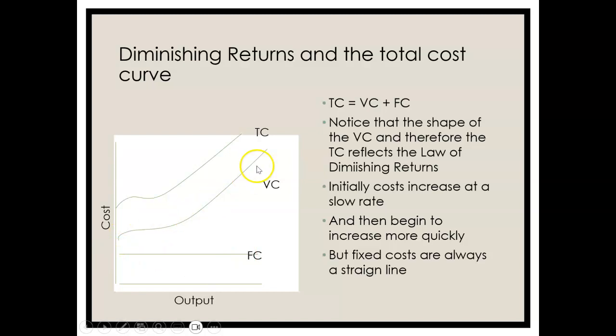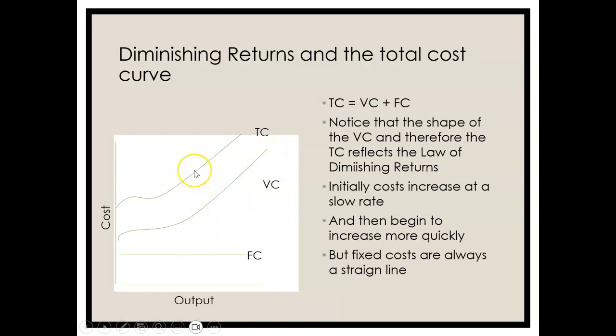Variable cost, on the other hand, notice that it's kind of flat for a while. Cost isn't going up very much. That's that region where marginal product is increasing. But eventually, variable cost starts increasing at a rapid rate. That's when the law of diminishing returns starts kicking in.